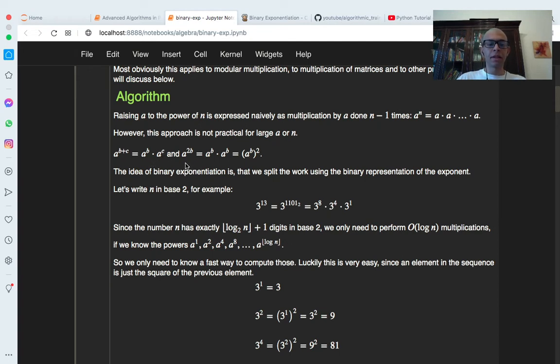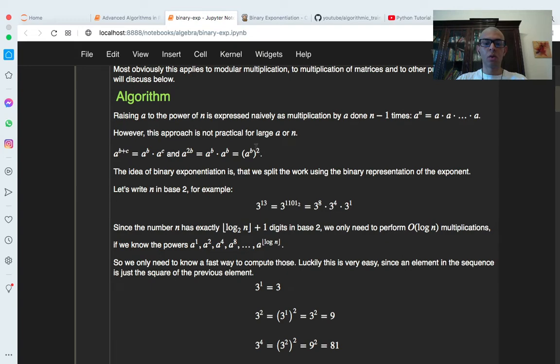So if the exponent is 2b, then a to the power 2b is equal to a to the power b times a to the power b, which is a to the power b, all squared.